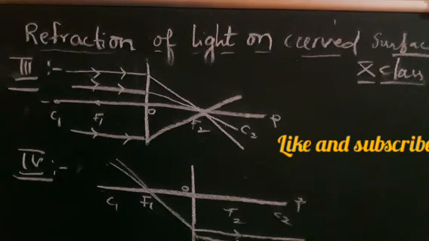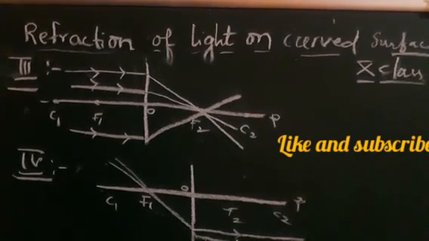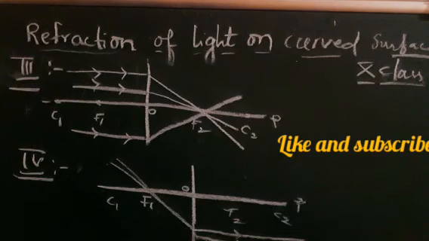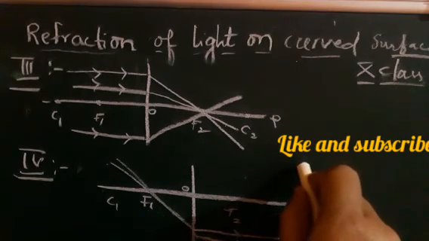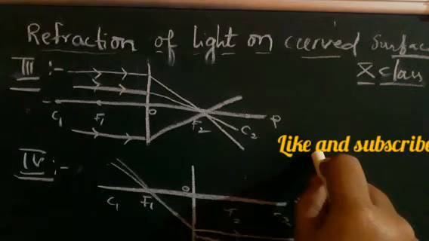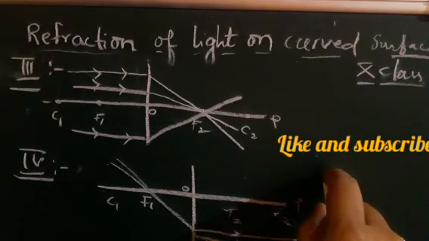Now what happens when parallel rays make an angle with the principal axis and fall on the lens? The rays converge at a point, or appear to diverge from a point lying on the focal plane.